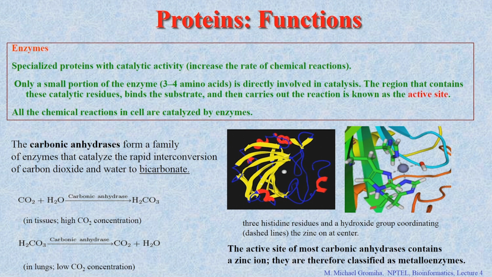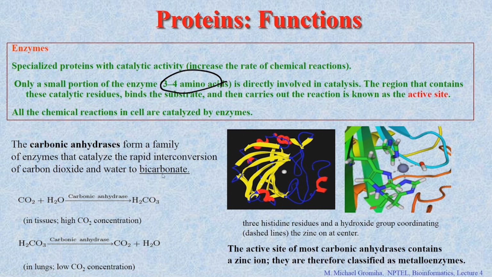If we take a full protein, only a few residues of the enzyme, say 3 to 4 amino acid residues, are directly involved in the catalysis. The region which contains these catalytic residues will bind the substrate and then carry out the reaction. This is called the active site. The residues involved in the catalysis are called the active site residues.